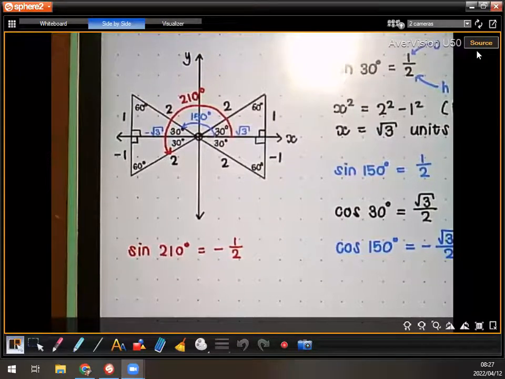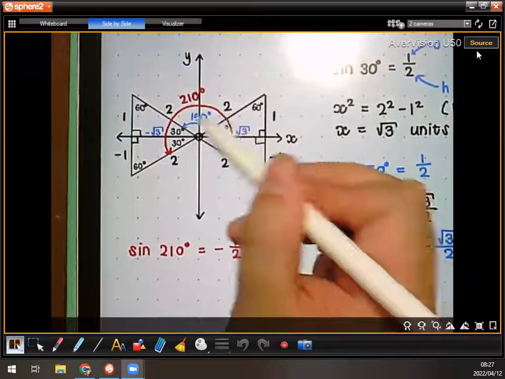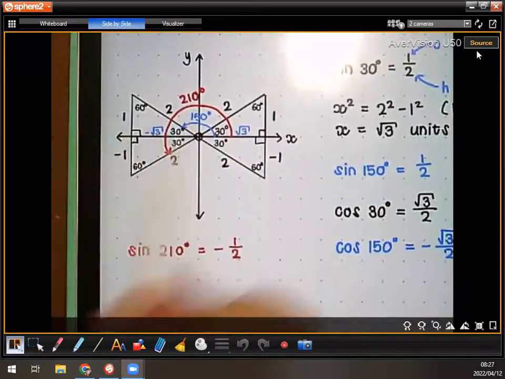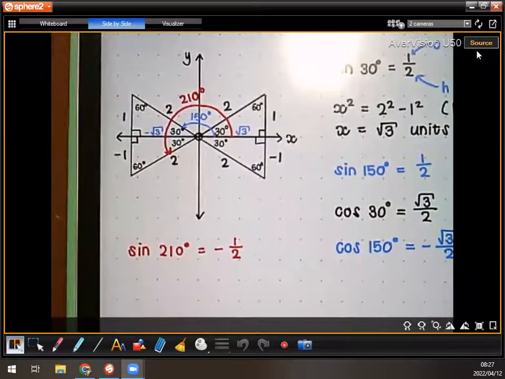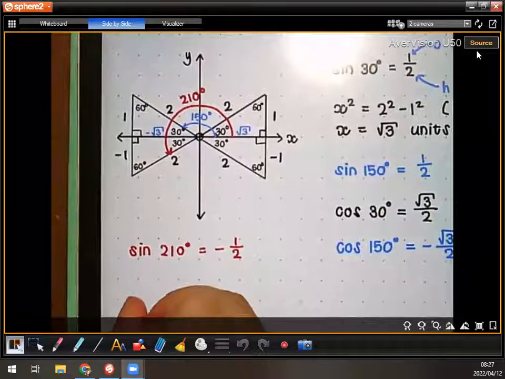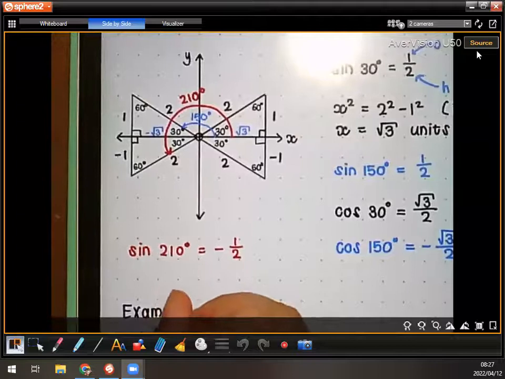No, because 50 is not actually an angle. 150 is in the same angle. But you are looking at this angle when you are finding your opposite and your hypotenuse and your adjacent. Say we couldn't use the acute angle for some reason.